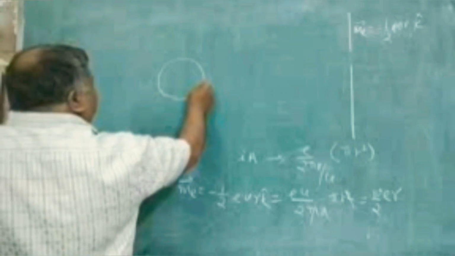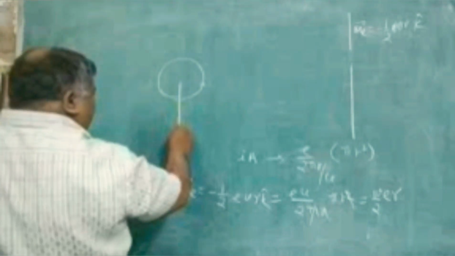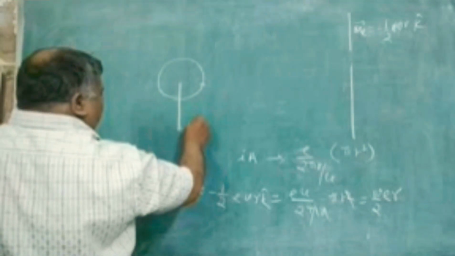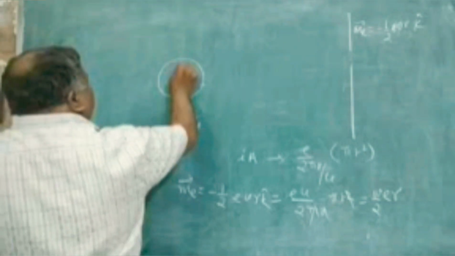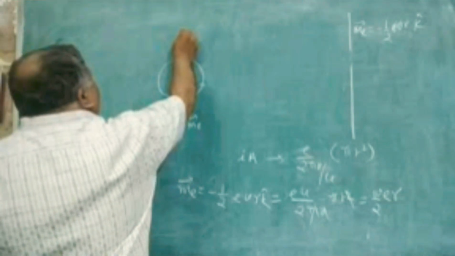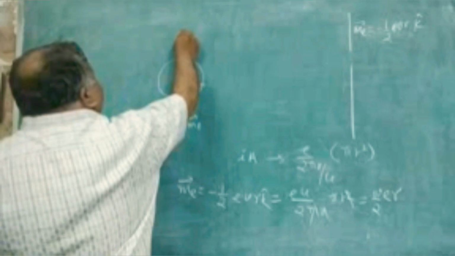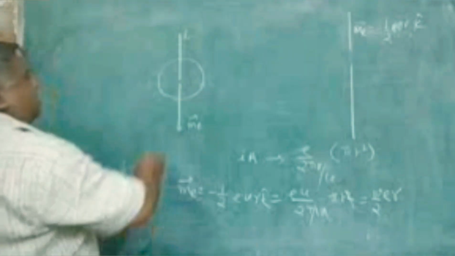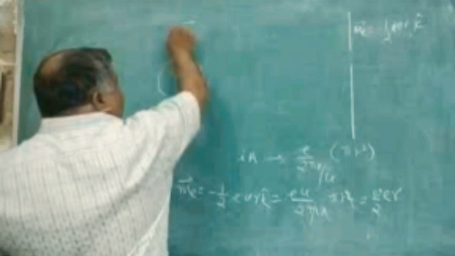This is the situation. The direction of M_L, and the vector L, is along this line.